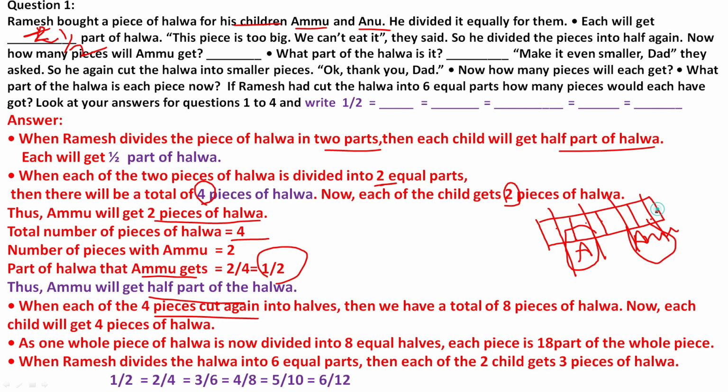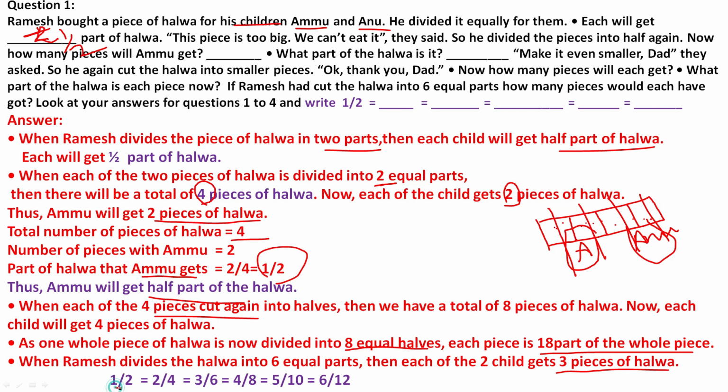Now how many parts? 1, 2, 3, 4, 5, 6, 7, 8. So 8 equal pieces. Each piece is 1/8 part of the whole halwa. So then each of the 2 children gets 4 pieces of halwa.